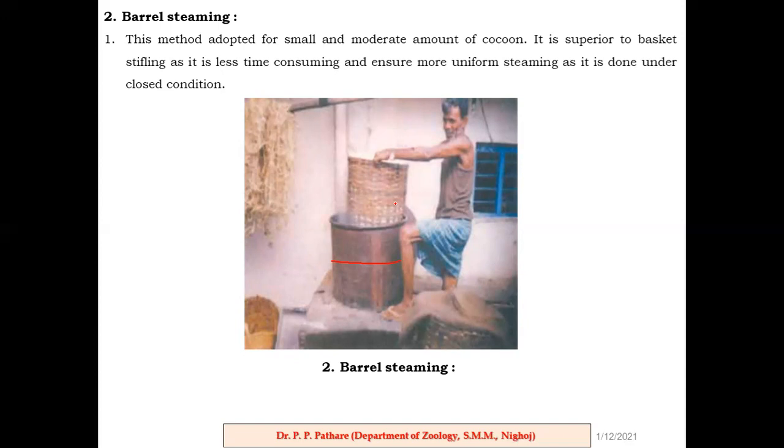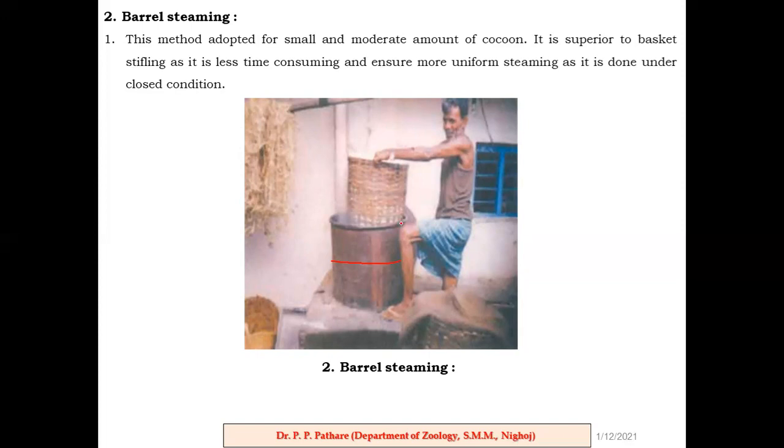Firstly you take a container, then water, then start boiling the water, which is called steaming your cocoon. After this you are just killing the pupa but not drying the cocoon. This is the most important disadvantage of burial steaming.